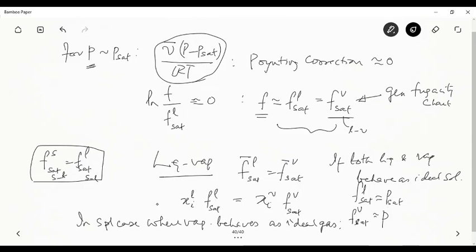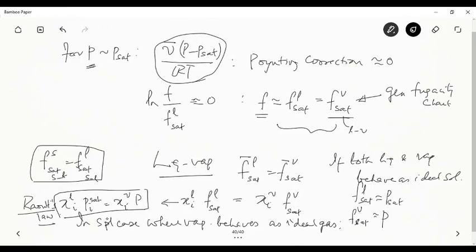So this equation eventually comes to XL of species i into Pi sat is equal to Xi in the vapor phase multiplied by P. Now, this is the expression that we will get to, and this expression is called Raoult's law. Raoult's law is applicable when the liquid as well as vapor are behaving like ideal solutions.